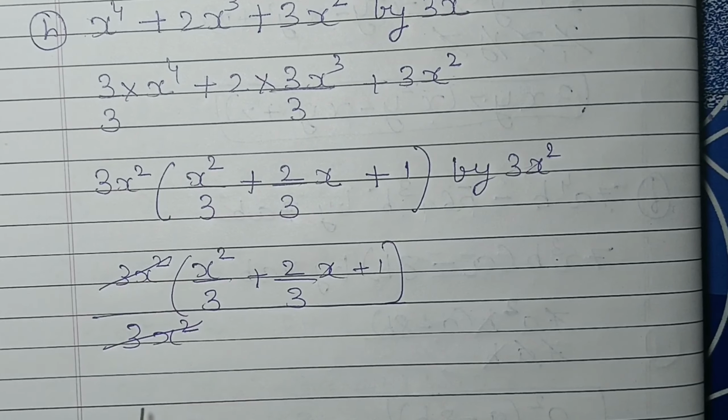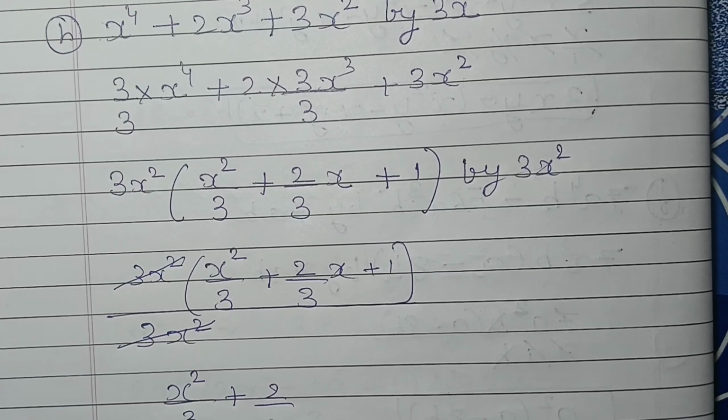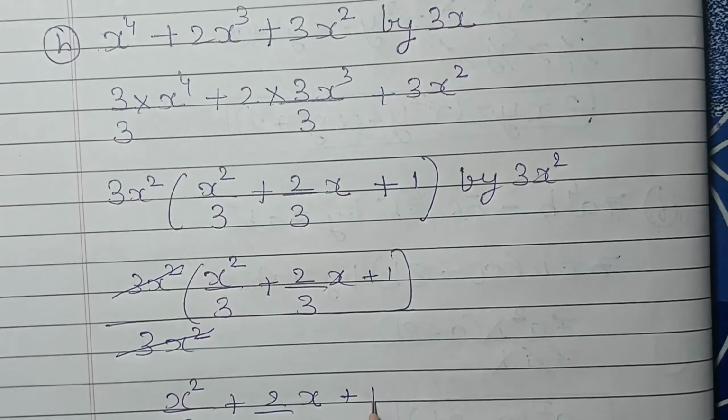We can cut 3x square, so the answer will be x square upon 3 plus 2 by 3 x plus 1.